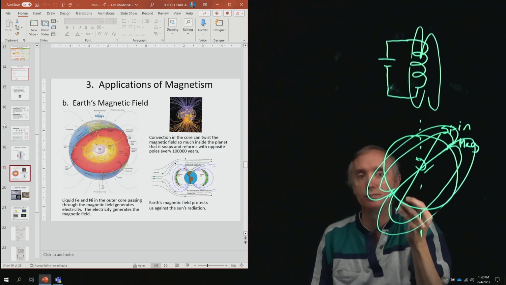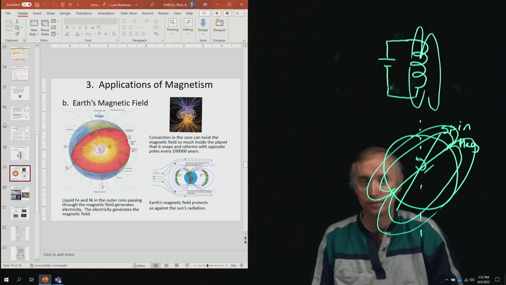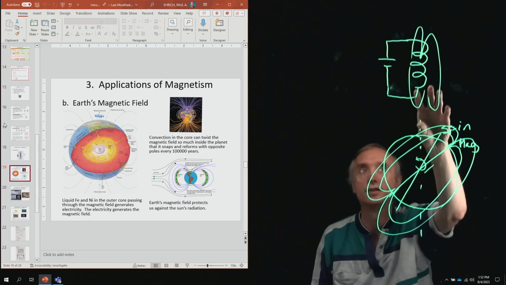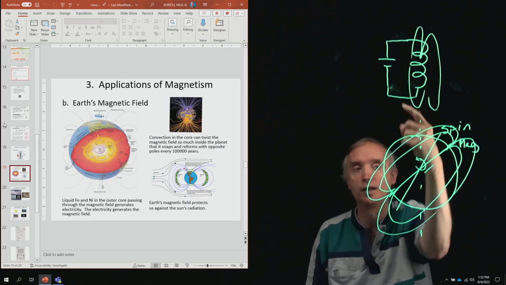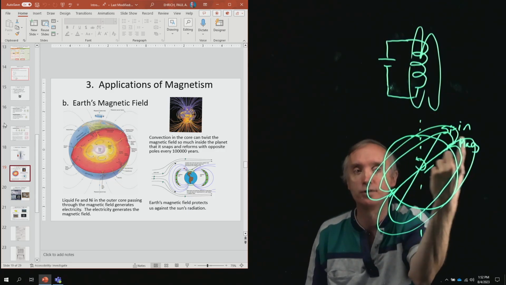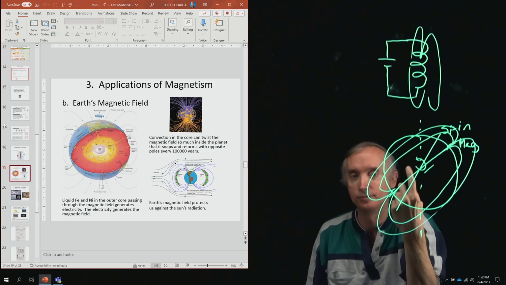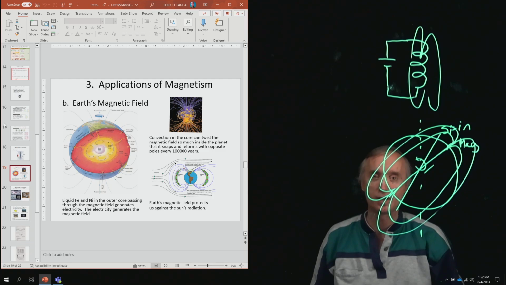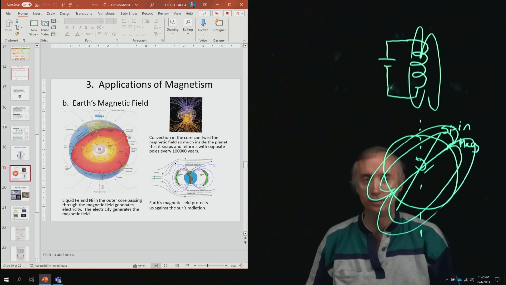Are there any metals inside the Earth? Yes, there are: iron and nickel. And do you remember we said that both iron and nickel can be turned into magnets? So it's working out pretty well that it has something to do with electrical materials going around and around inside the Earth. As far as I'm concerned on the exam, that's as far as you need to go.